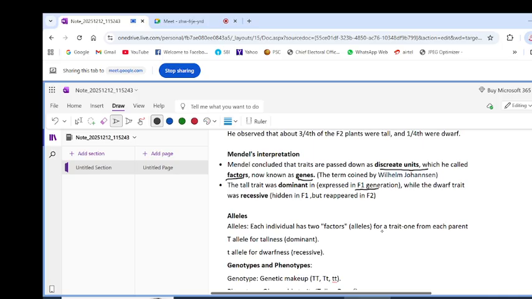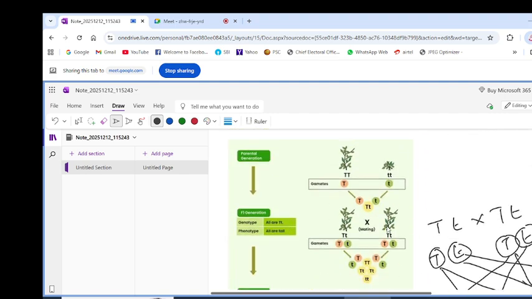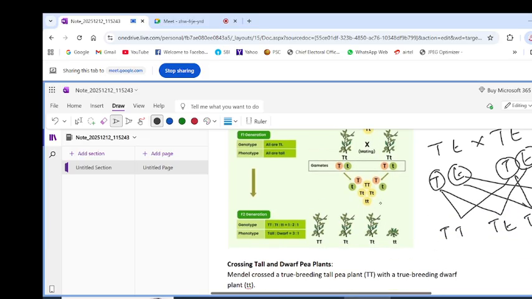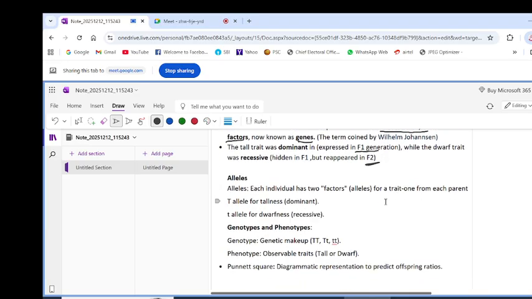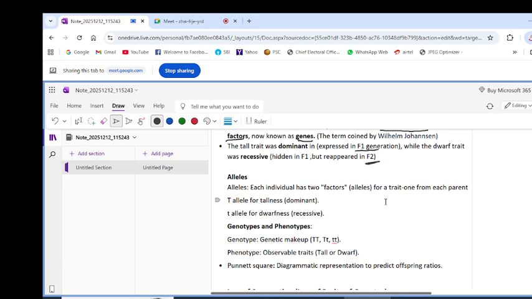That reappeared in the F2 generation, which you can see in this picture. These were the findings he made, and here we should know the term meanings.